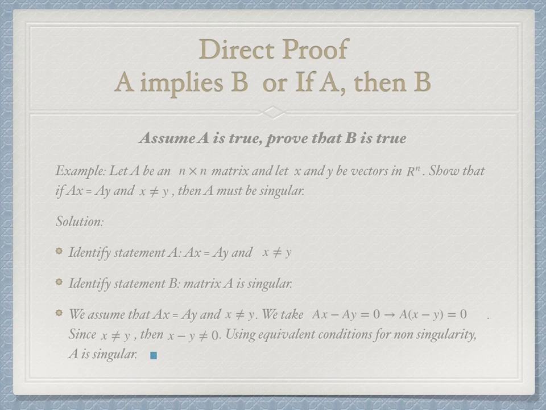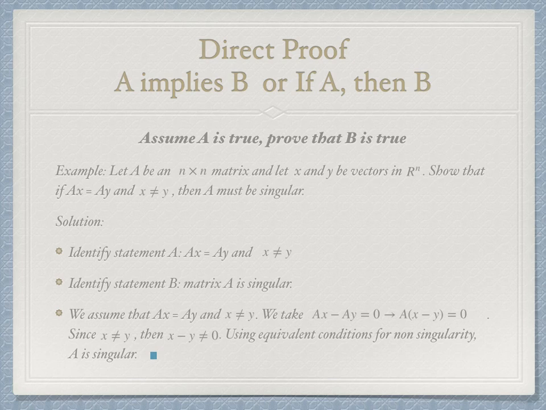So using direct proof, I want to assume that A is true, which means I assume that Ax equals Ay, and x is not the same as y. My goal is to show that A is singular. All right, so if we assume that Ax equals Ay, we can move Ay to the left to get Ax minus Ay equals 0.